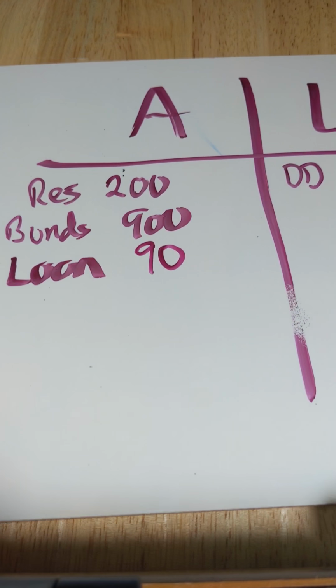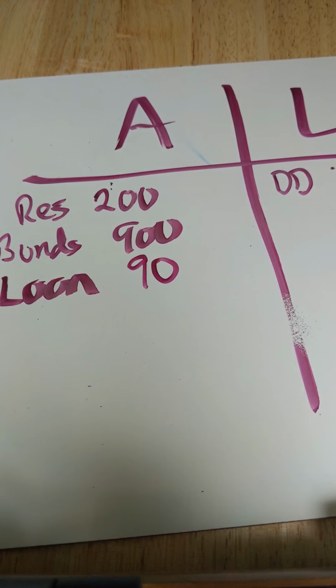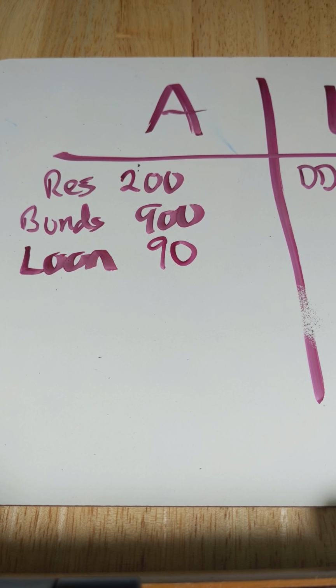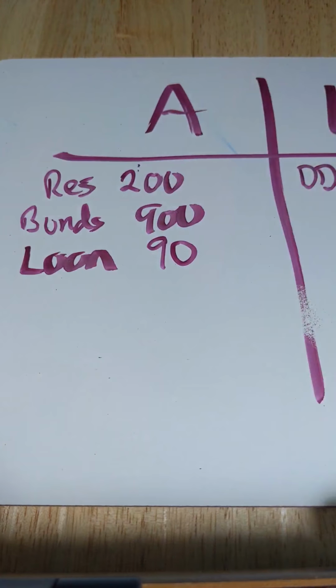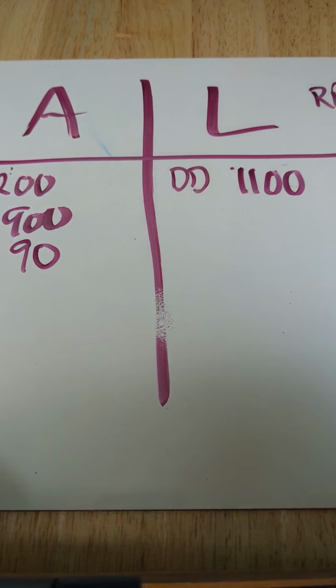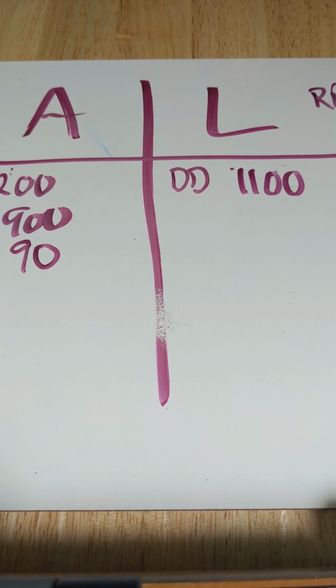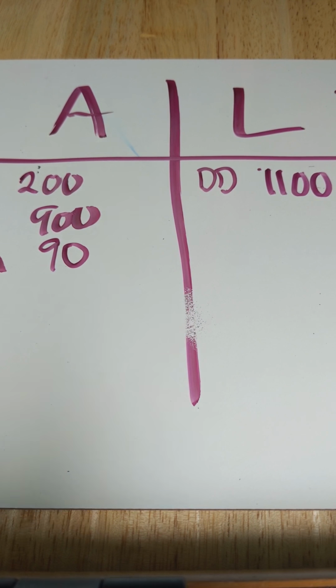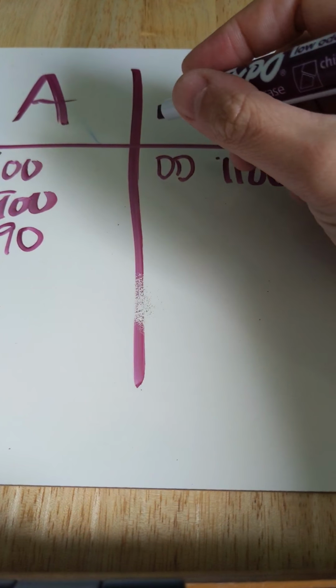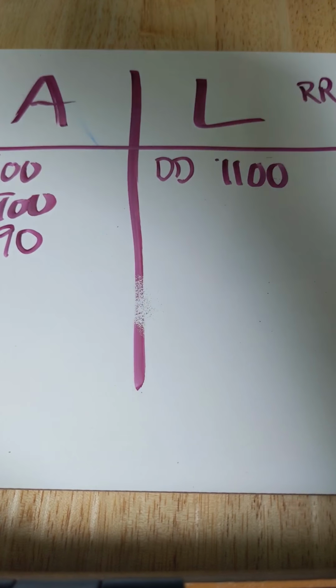The thing is, and this is kind of the important part, initially, that $90 loan they create doesn't come out of reserves, because what they're first doing, think about the bank. I'm sitting on $200 of money, and somebody asks for a loan. I'm not actually going to give them that money. I'm going to create a checking account in their name, or a demand deposit account, and put that $90 in there.